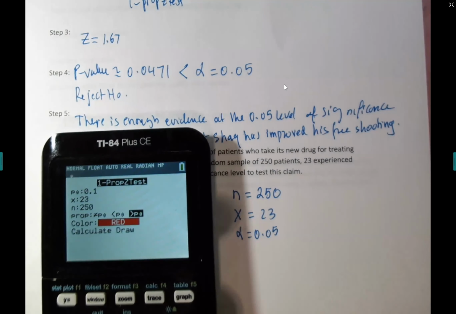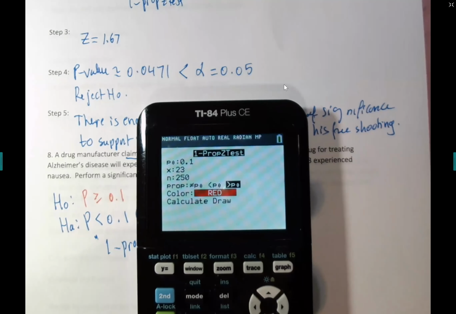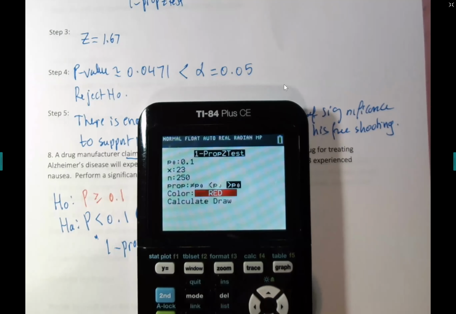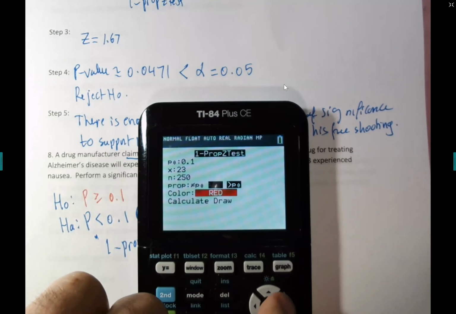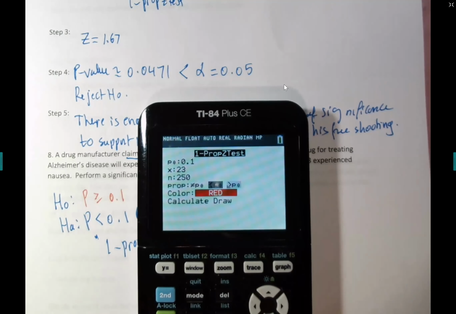And now we need less than. Make sure to select this properly, otherwise you will get the wrong p-value, guys. So less than. And hit calculate or draw.